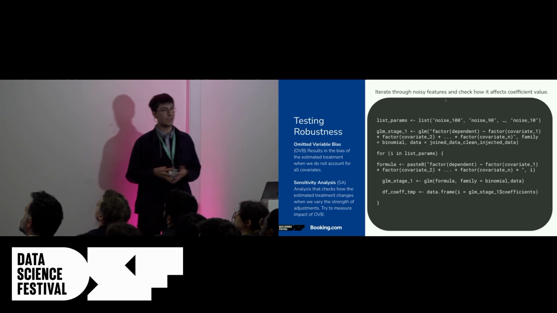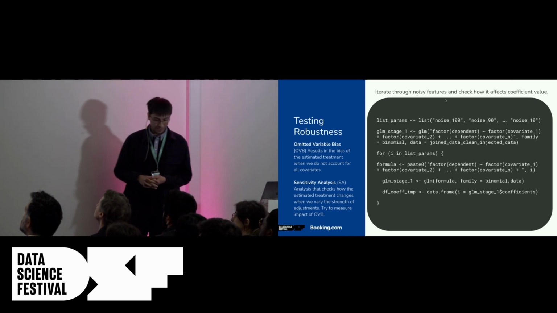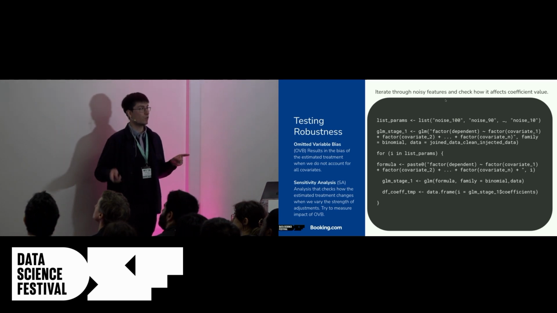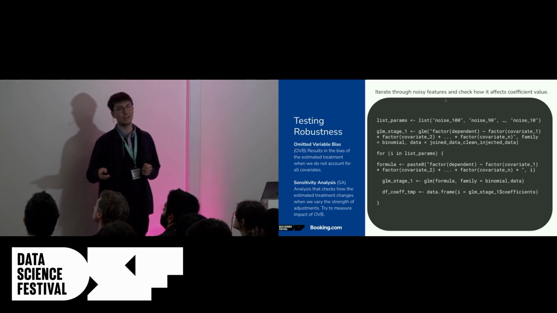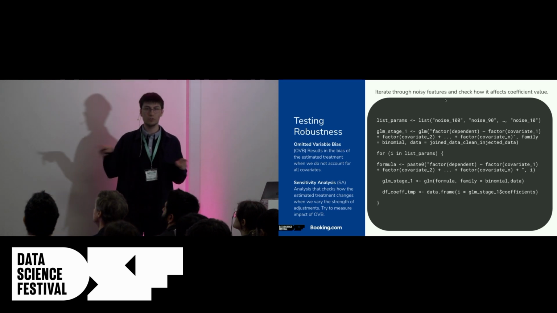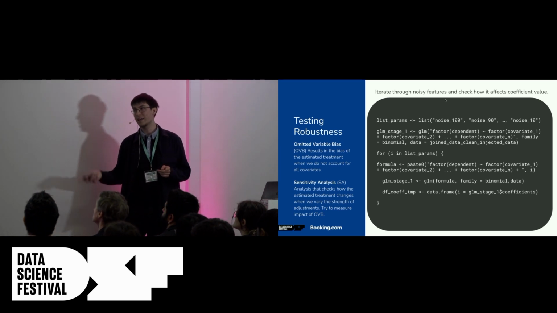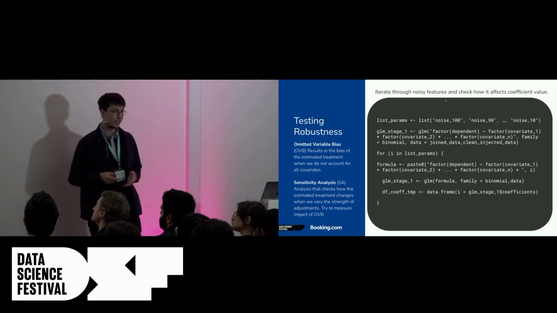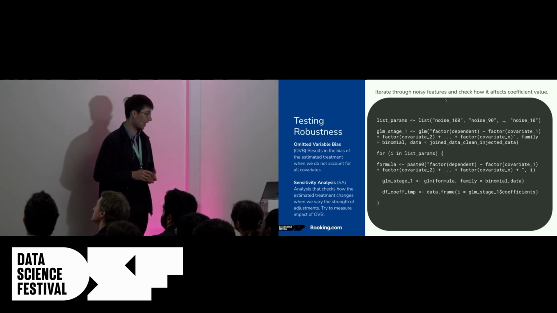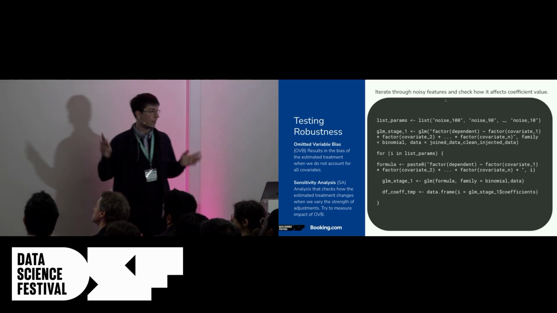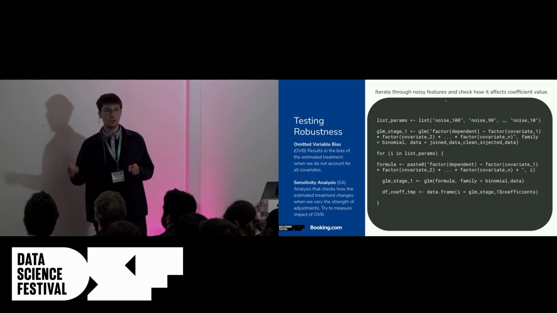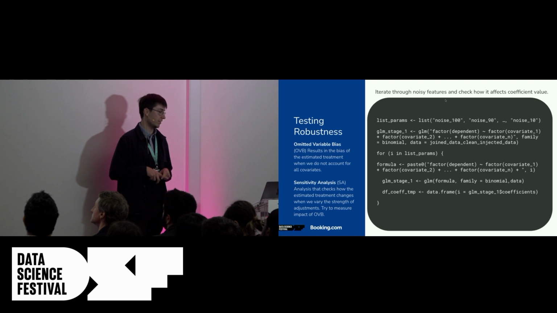We have the sensitivity analysis, which is probably the analysis you've read about if you did propensity score matching. You try to augment your model by, for instance, adding features that you didn't originally include, and then you plot its impact on the average treatment effect on treated, on the confidence intervals, and on the p-value, in order to understand the potential outcome of not including enough characteristics in your model.